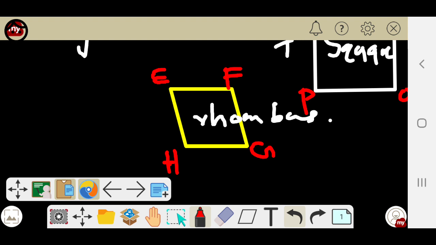EF equal to FG equal to GH equal to EH. Not only that, a rhombus is a parallelogram whose four sides are equal. EF parallel to GH, EH parallel to FG. Okay. Yes, these are the main concepts. I've already told that this chapter focuses only on parallelogram. Okay. Yes.